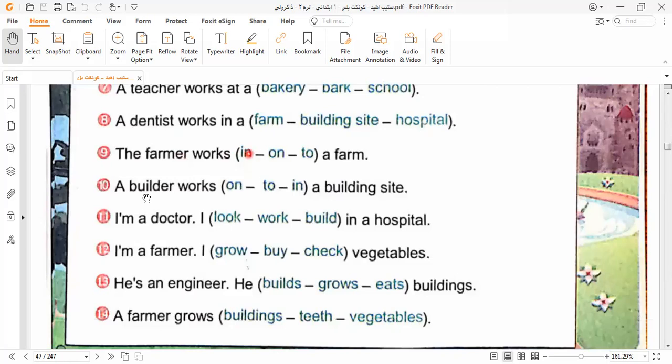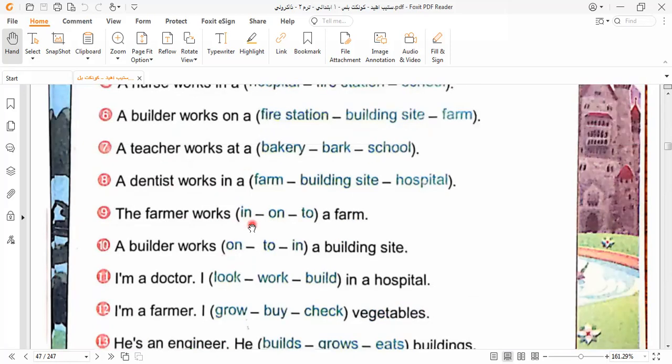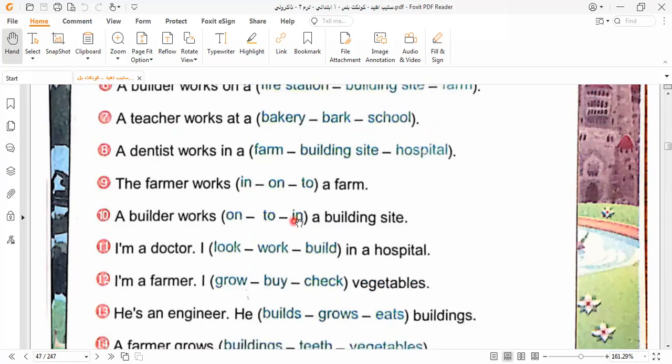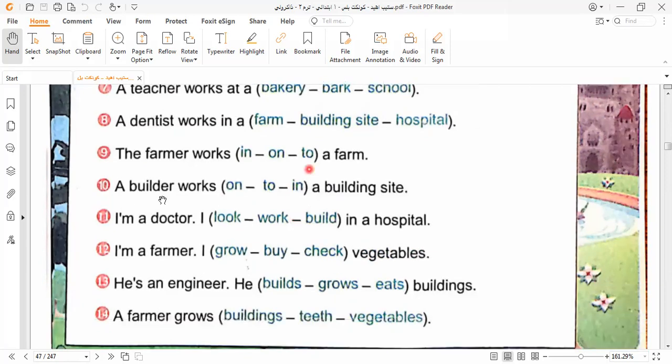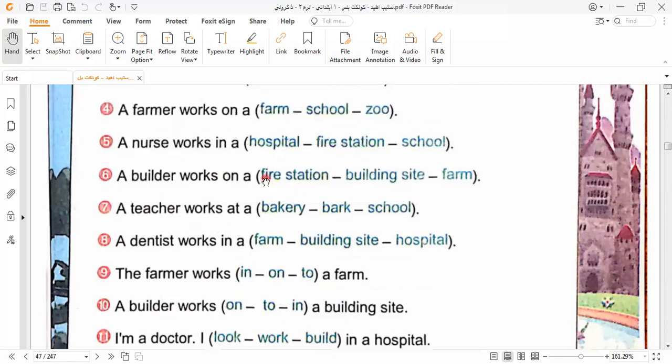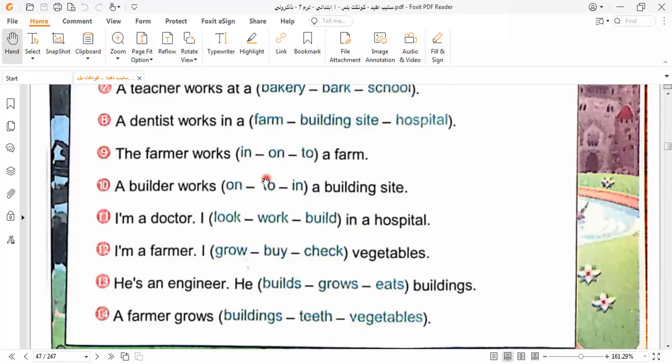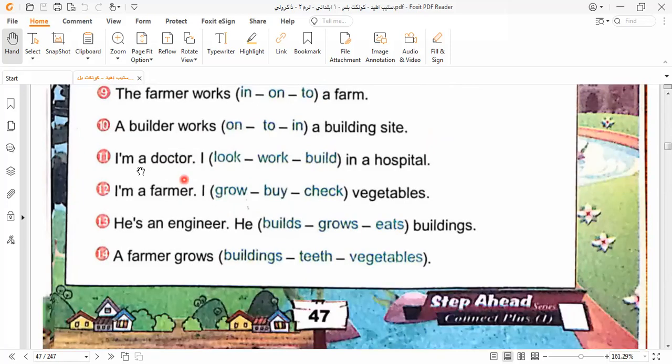A builder works in what? Works in. A farmer works in. A builder works on a building site.